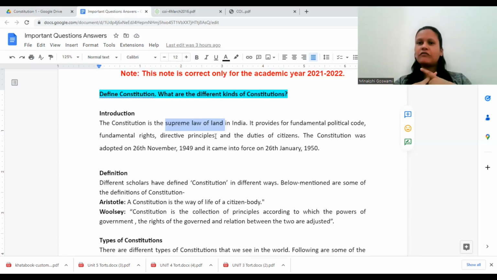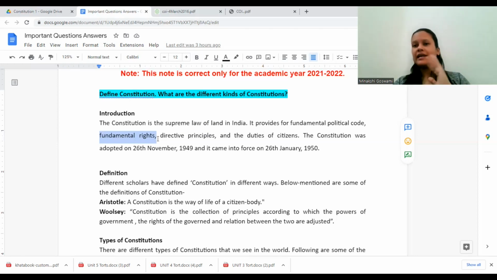If Constitution of India has said that we have these fundamental rights, we have right to equality, then there cannot be a legislation which goes against the principle of right to equality. If Constitution of India says we have freedom of speech and expression, there cannot be a legislation which goes against that certain provision. Okay, so whatever is written in the Constitution, all other laws will have to abide by it.